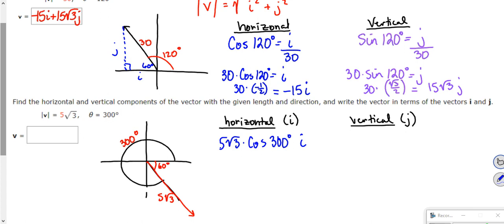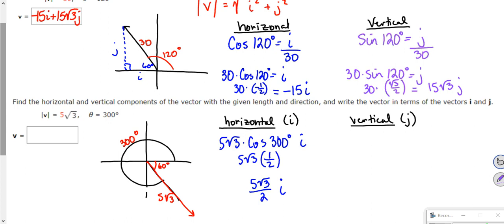These are more like real world problems, so I would go so far as to say all of them are in degrees. So cosine of 300 is going to give us 1/2, that is 1/2 times 5 √3, so 5 √3 over 2 I.